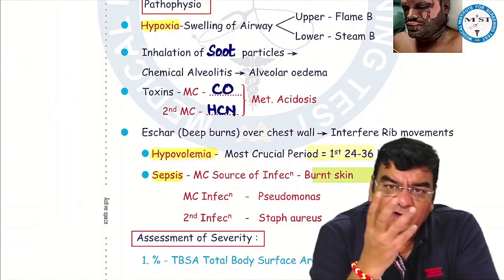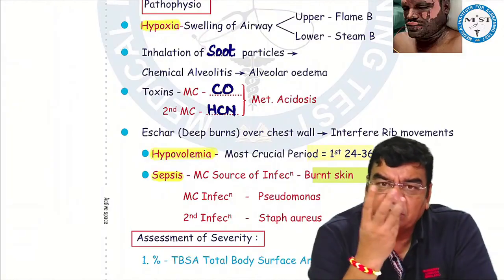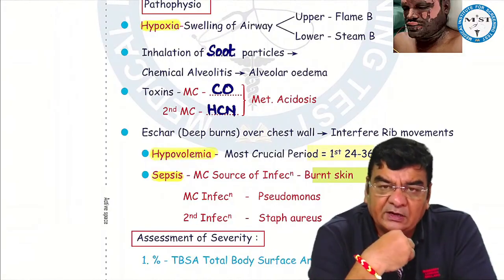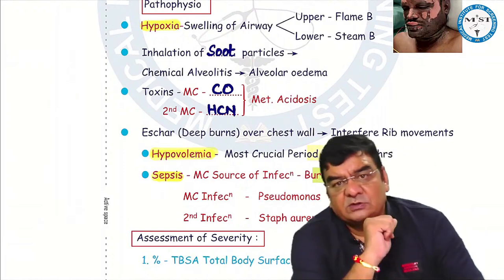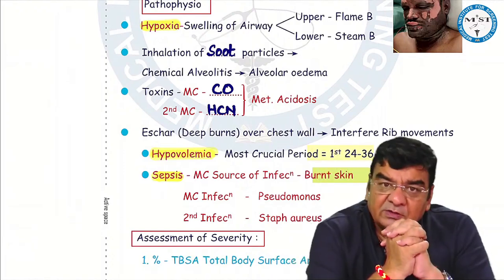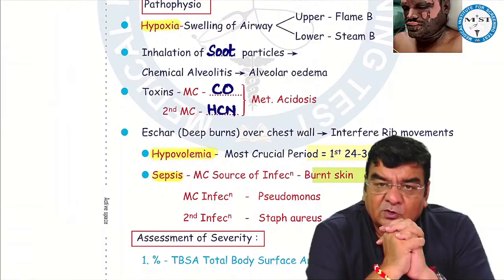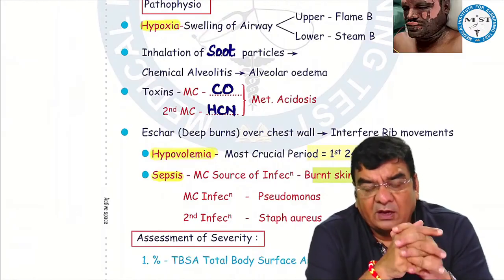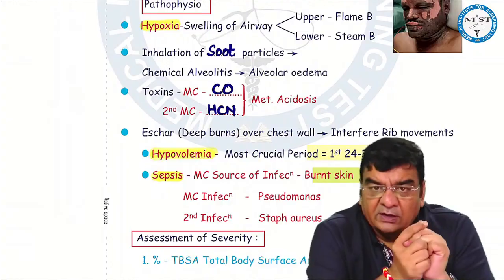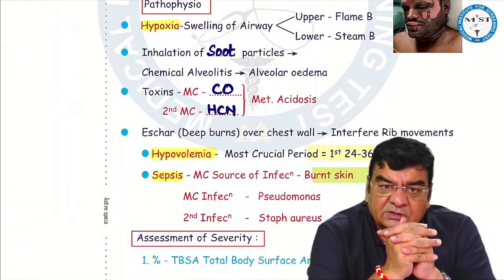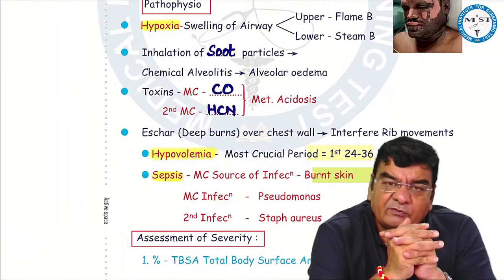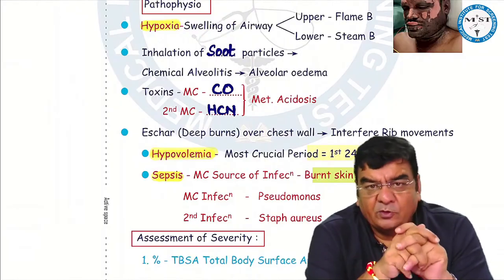In flame burns, the black carbon particles, soot particles can be inhaled, which can cause chemical alveolitis, alveolar edema, and lead to hypoxia. Toxins liberated in fire, most commonly carbon monoxide, second most commonly hydrogen cyanide, can cause hypoxia. Metabolic acidosis. Scar formation in deep burns over the chest wall interferes with the rib movements and can lead to hypoxia.